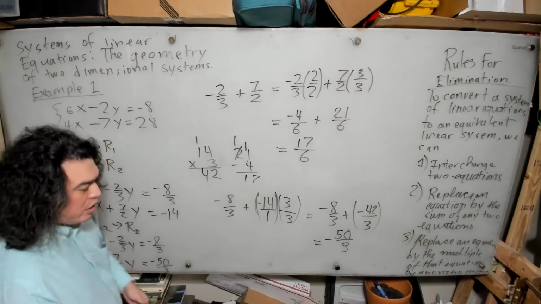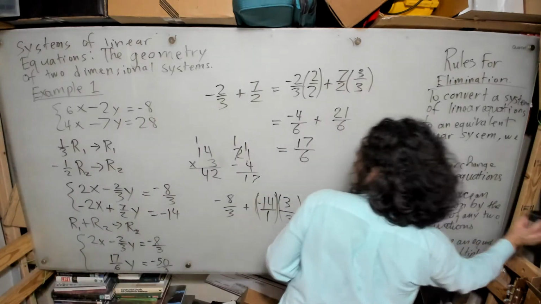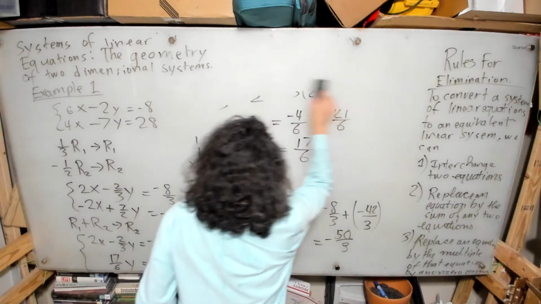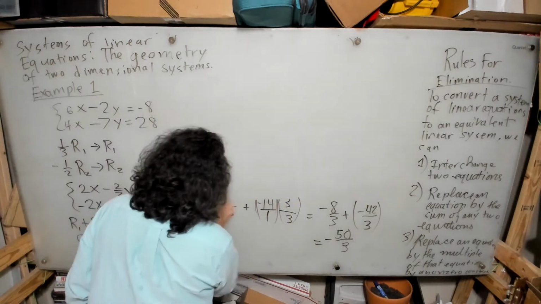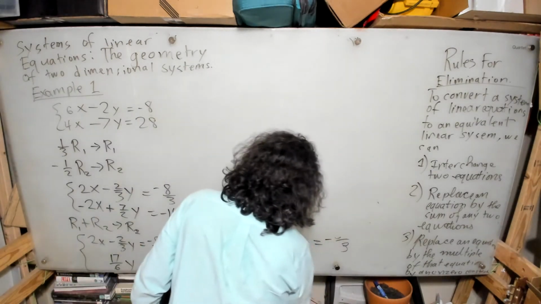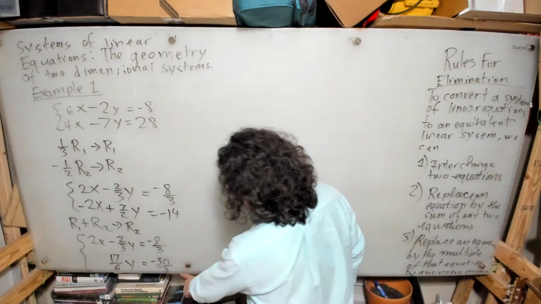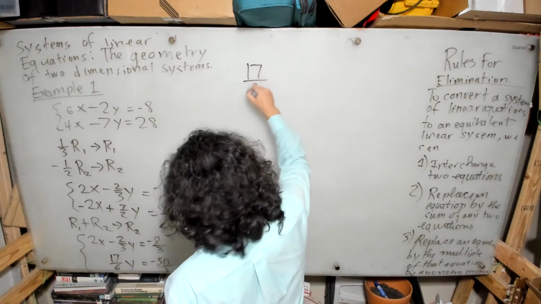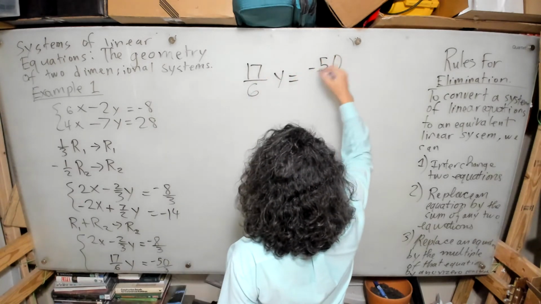Look, so now here, we're at a very nice situation. So if you look at this equation down here, I got 17 over 6 times y is equal to negative 50 over 3.